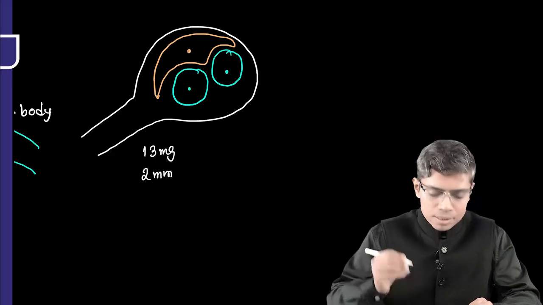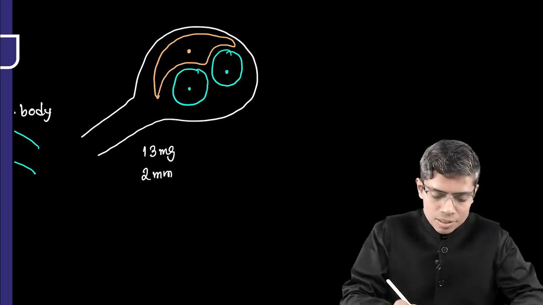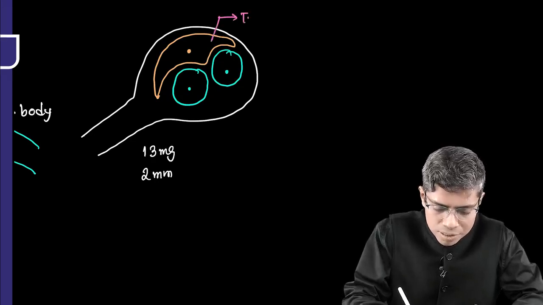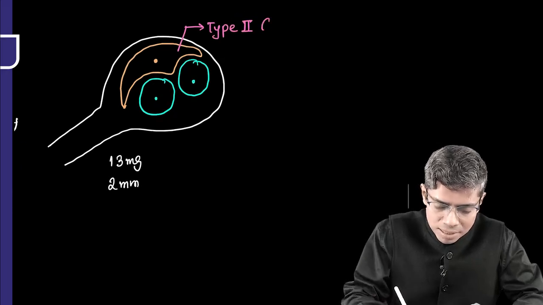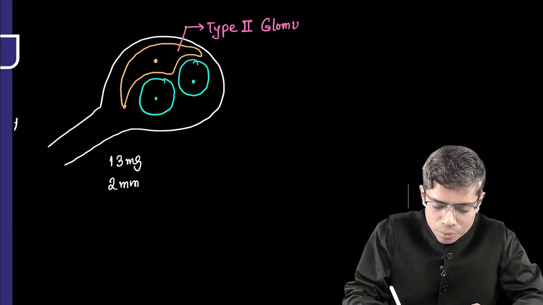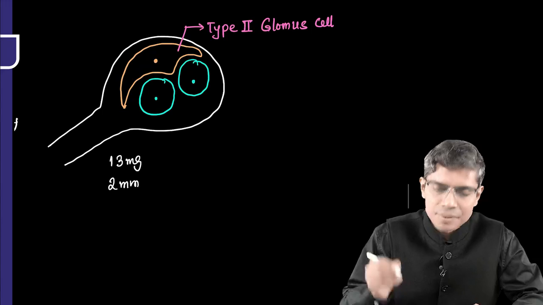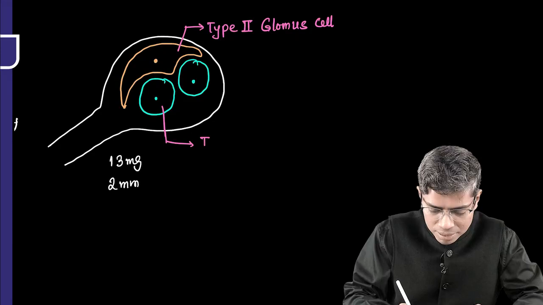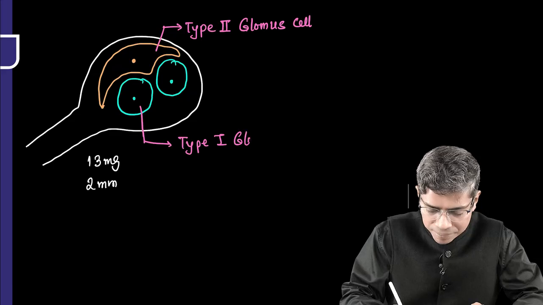So this blue colored cell is known as the type 2 glomus cell. This is nothing but type 2 glomus cell, G-L-O-M-U-S, glomus cell, right? And this red colored cell is nothing but the type 1 glomus cell.